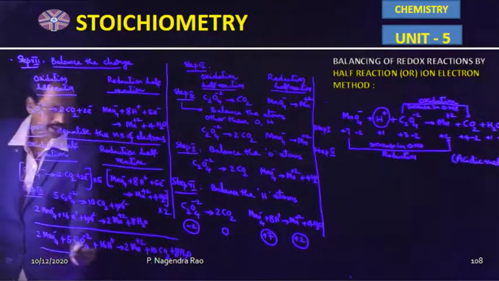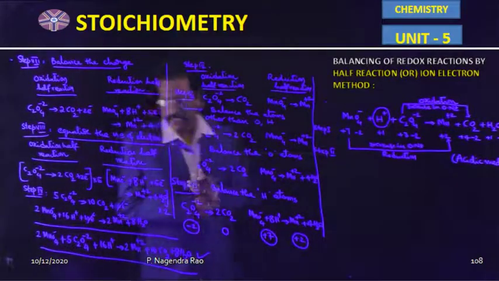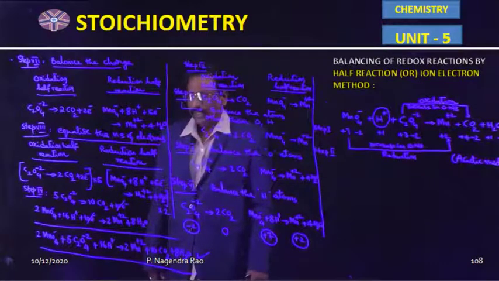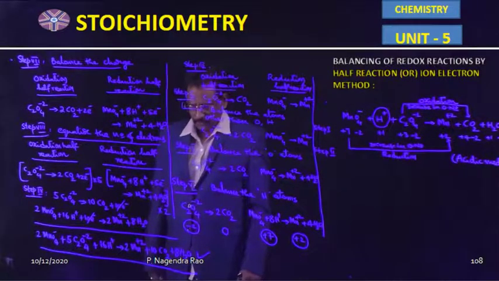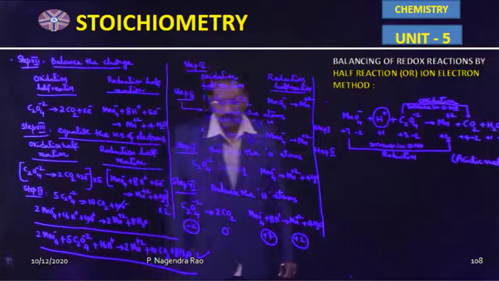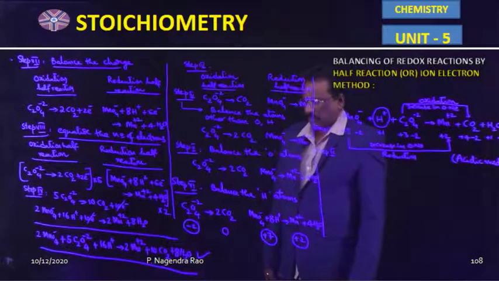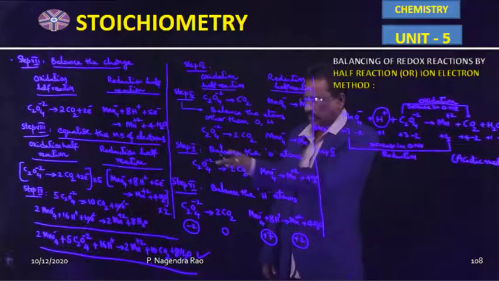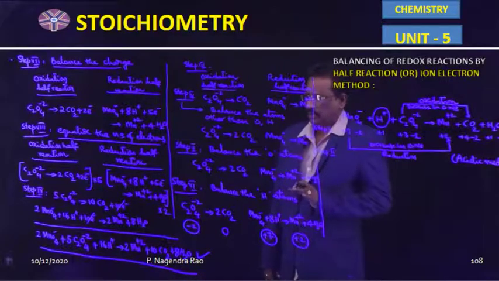Now this is the final balanced redox reaction. 2MnO4 minus plus 5C2O4 minus 2 plus 16H plus gives rise to 2Mn plus 2 plus 10CO2 plus 8H2O. So in this final equation, all the atoms and charge is also balanced.